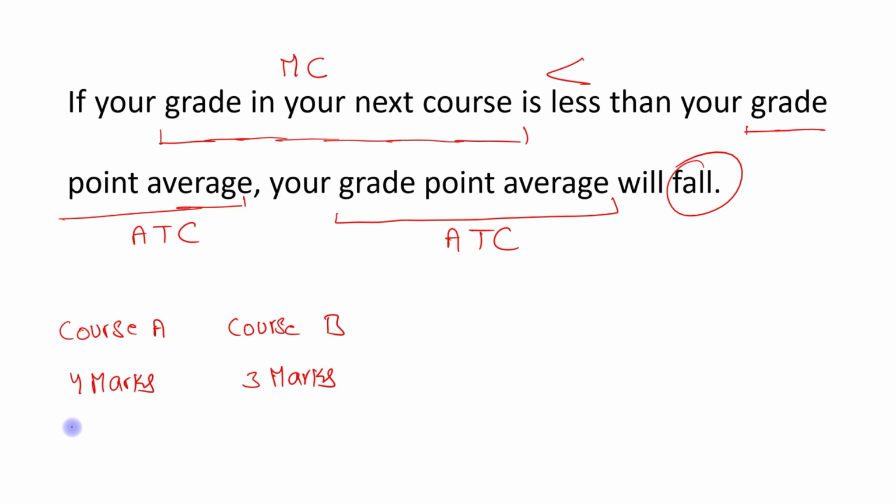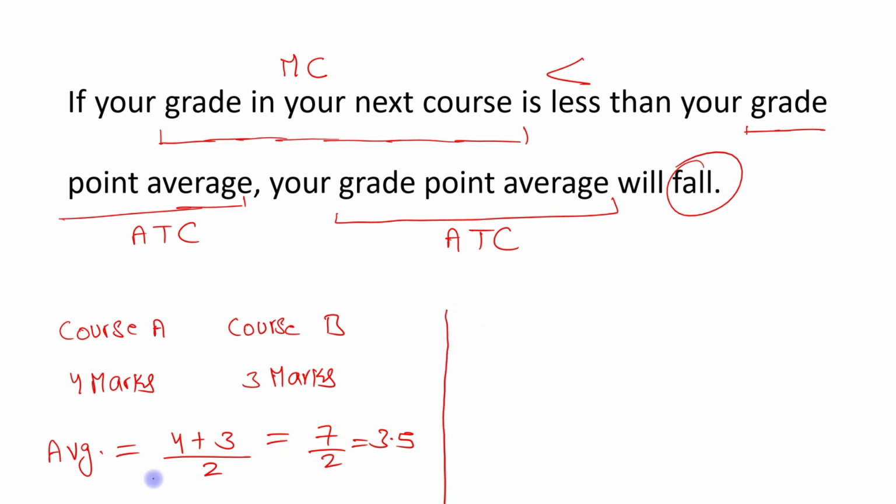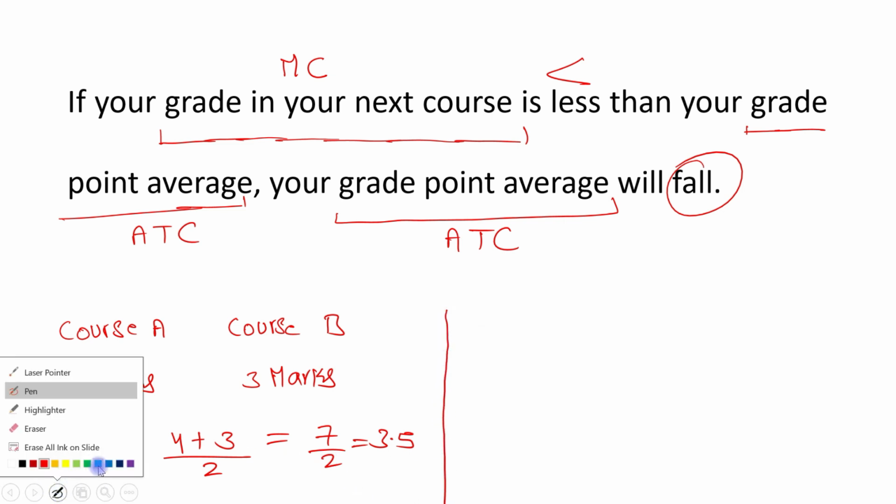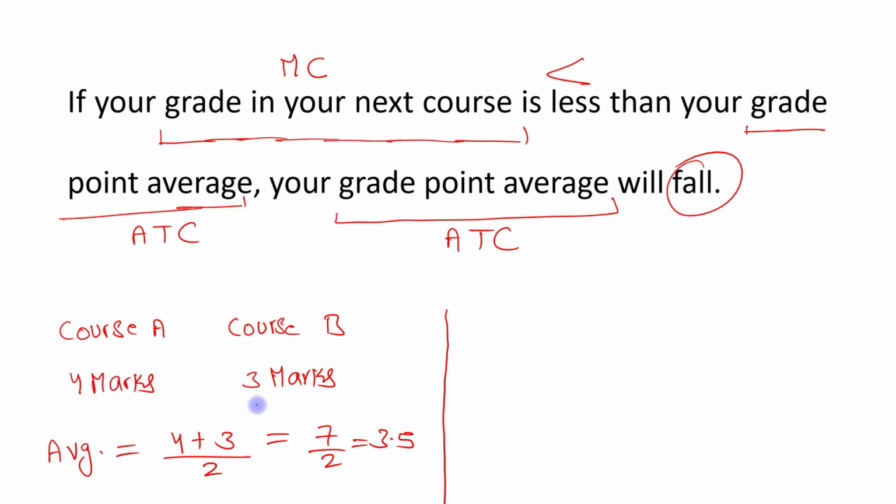Fine. What will be the average of the marks of these two courses? If I find the average, it will be 4 plus 3 by 2, which is 7 by 2, which is 3.5. Fine. Okay. Now let's suppose that there is also course C. Fine.